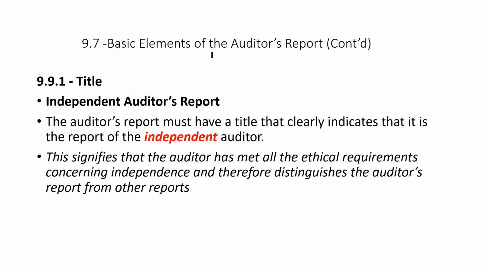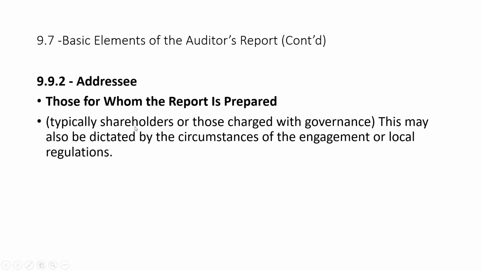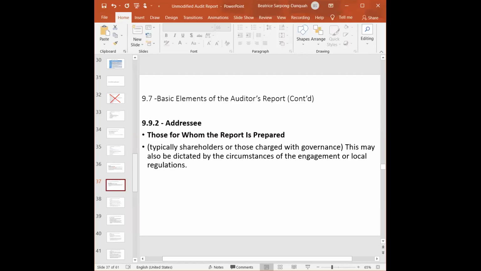So the title of an audit report is always what? Independent auditor's report. So as I've told you, I have an audit report here, so I want to project it to you as well. Hold on, I'm trying to get you.